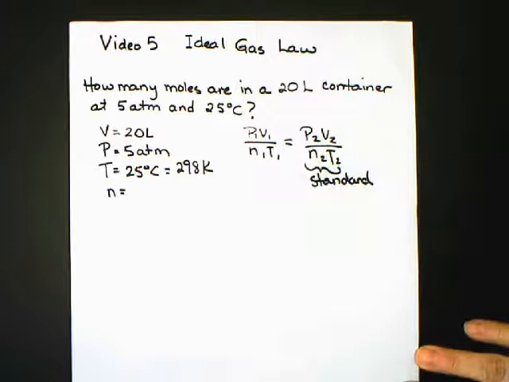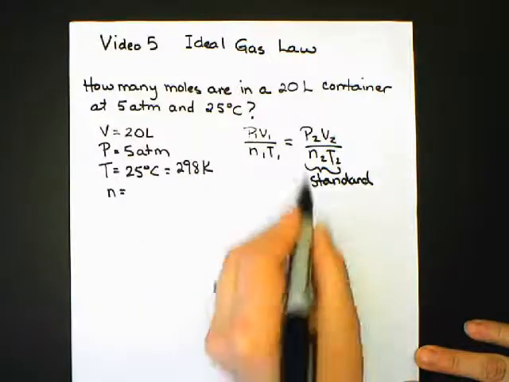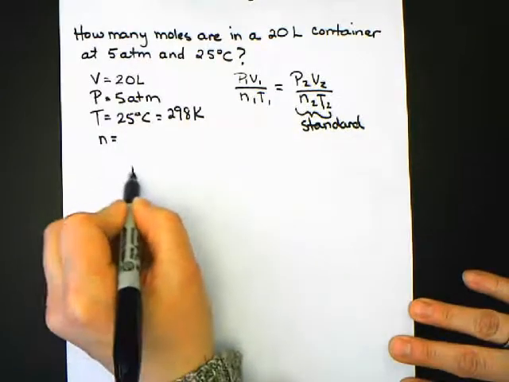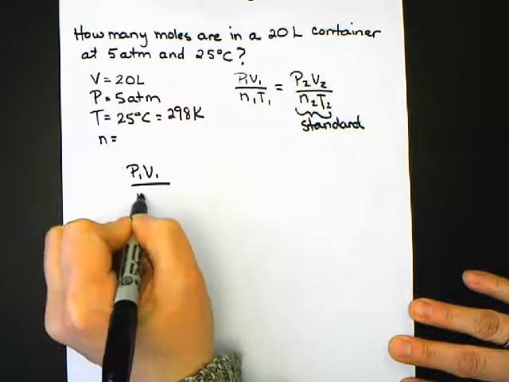So that's what we're going to do. Now I'm going to do things a little backwards because we're not going to isolate the variable first. I don't want to do that because since my standard conditions are always the same, I'm going to solve this side of the equation.